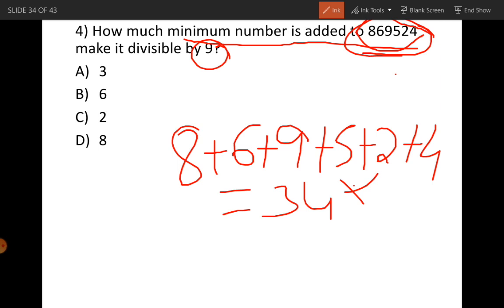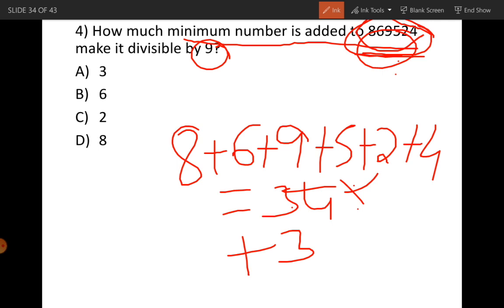The question asks how much minimum number must be added to make it divisible by 9. The next number divisible by 9 is 36, so if we add 2 we can make it divisible by 9.